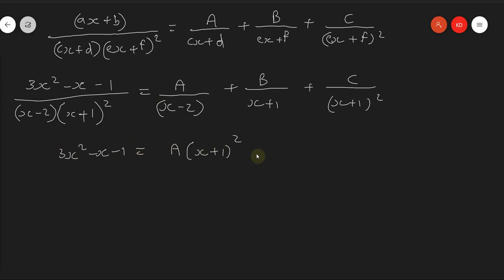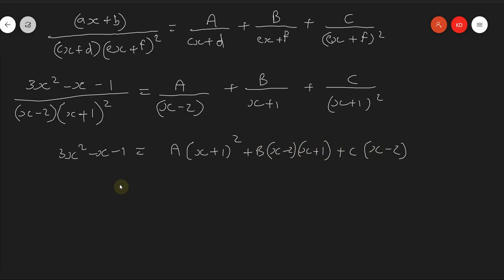And then the b would be multiplied by x minus 2 and x plus 1, and the c would be multiplied by the x minus 2.